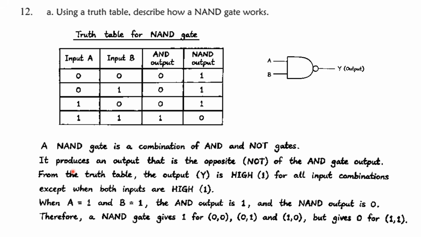From the truth table, the output Y is high for all input combinations except when both inputs are high.